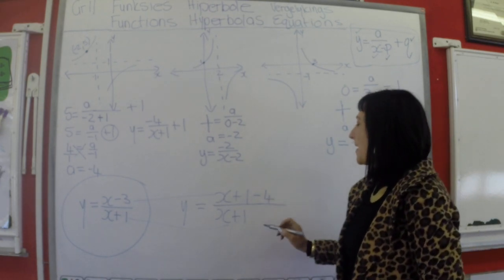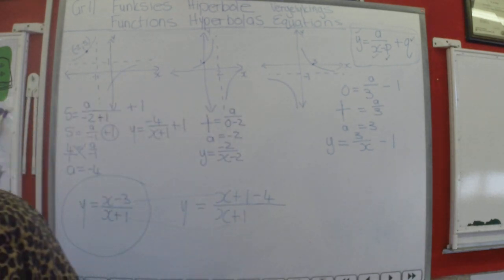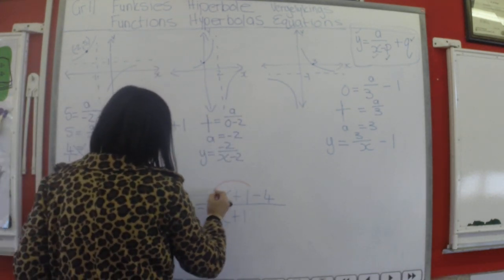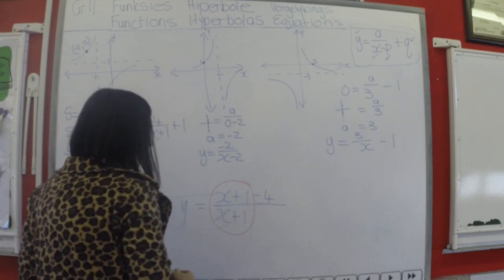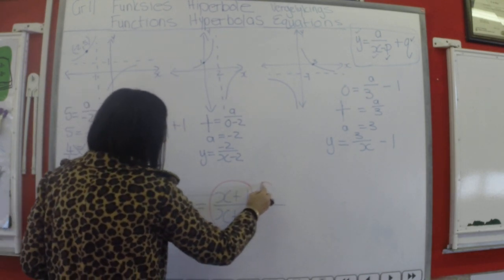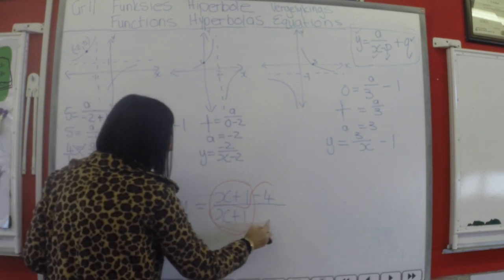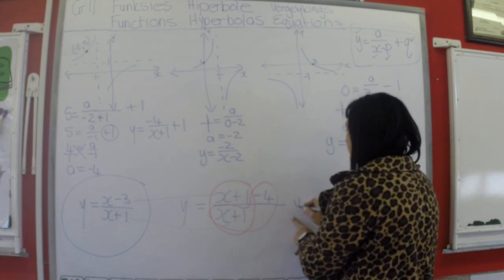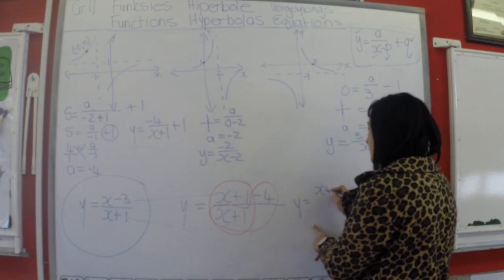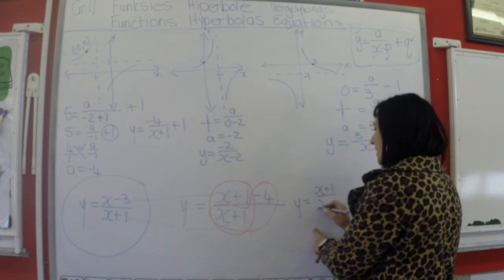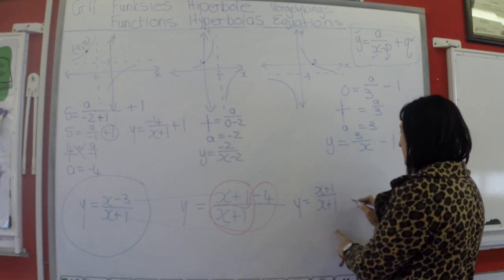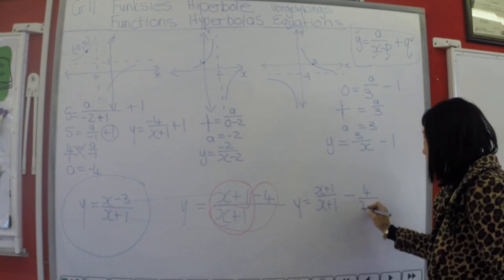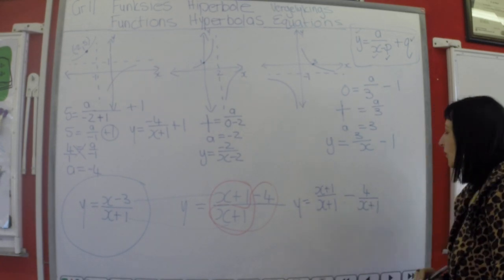Nou kan ek die teller opbreek in 2 dele. Kyk hoe breek jy vir die teller op in 2 dele. Ek gaan sê, hy is gelyk aan x plus 1 op x plus 1. En dan gaan ek hom nou weer die noemer onder elke een skryf. So ek breek hom nou op in 2 dele.